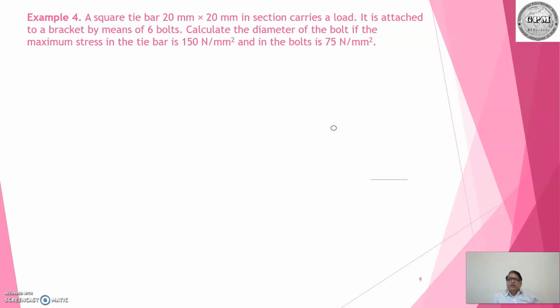So we are not using a bar, there is a chain. That thing is known as a tie bar. And the section of the tie bar is 20 mm by 20 mm, that means it is a square section.